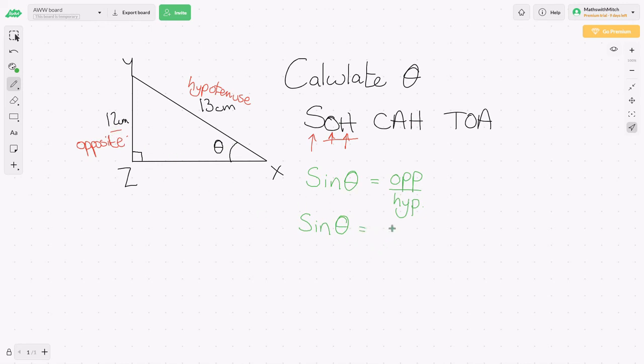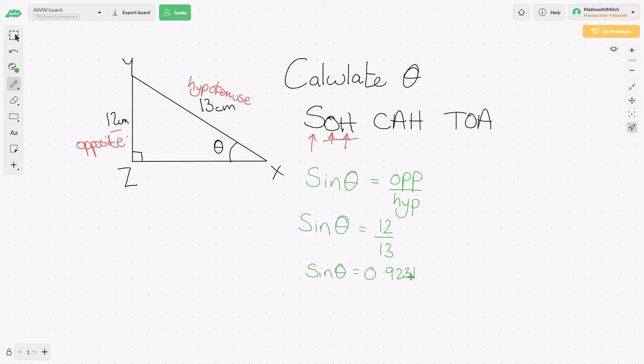And this time we've got 12 as the opposite side length over the hypotenuse, which is 13. So we now know sine of theta is 12 divided by 13, which if you put into your calculator, you can round that to 0.9231. Okay, so now we're very close.